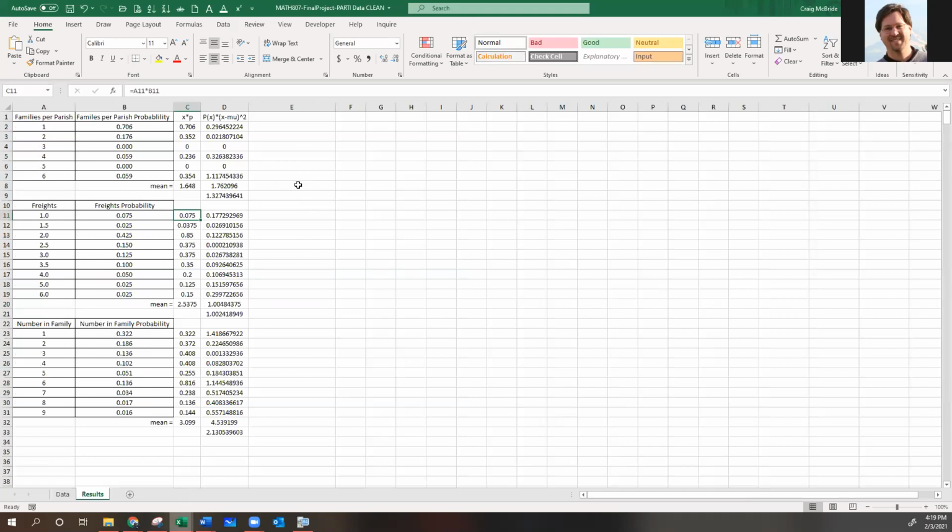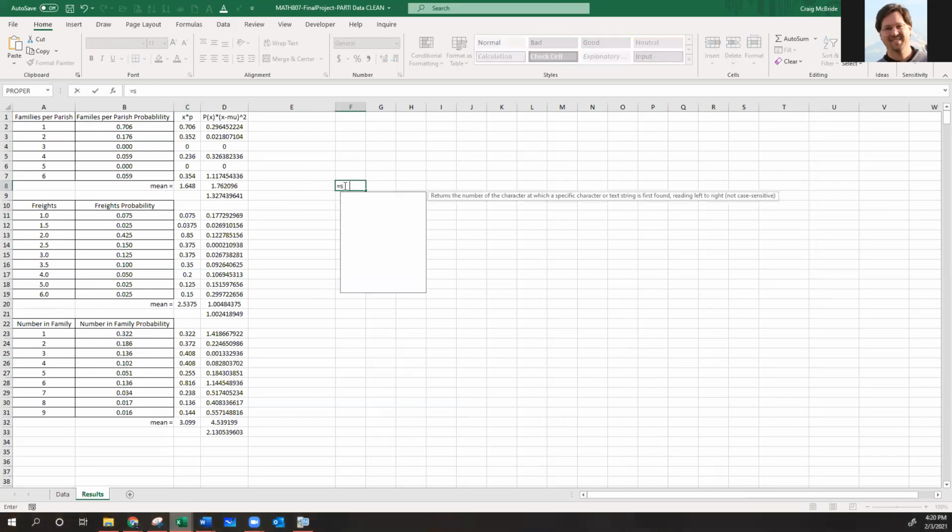The standard deviation function only works for a set of actual numbers. So equals STDEV, this thing. The .P is if you have a population, and .S is if you have a sample. But either one is not going to work because you need to give it a list of numbers.